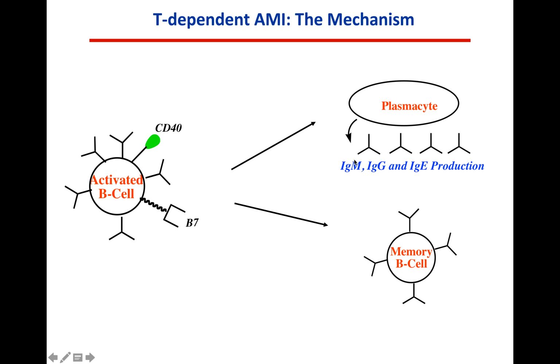But we'll come back to IgE in the hypersensitivity lectures. These plasmacytes are the producers of the antibody, and so the B cells need to differentiate into these hyper B cells that are really antibody factories that will excrete the antibody that's necessary, and of course necessary to produce memory B cells.